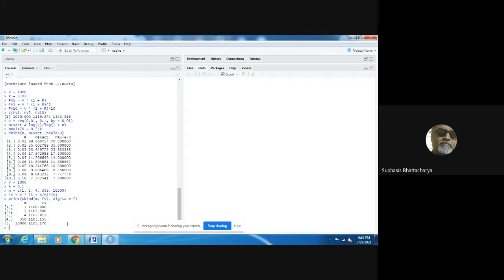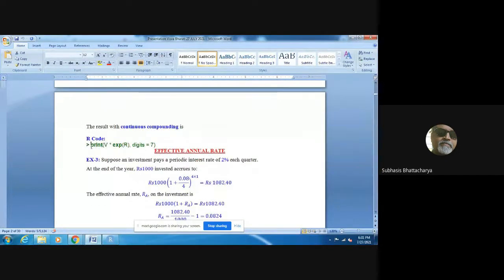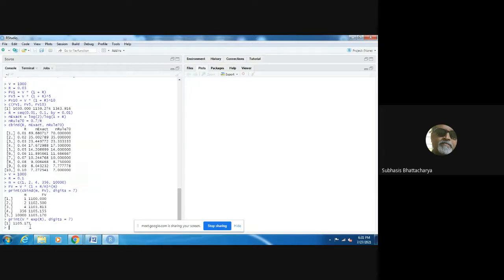If daily, 1105.155. If 10,000 times, then it becomes 1105.170. We can estimate this also in the continuously compounded case, so we write the formula. Here only the value for 10,000 times, it is 1105.171. So this is the continuous case.